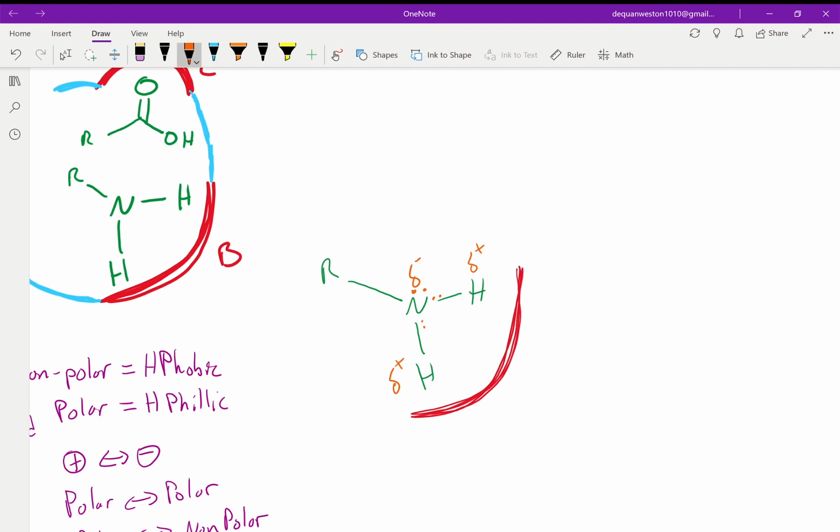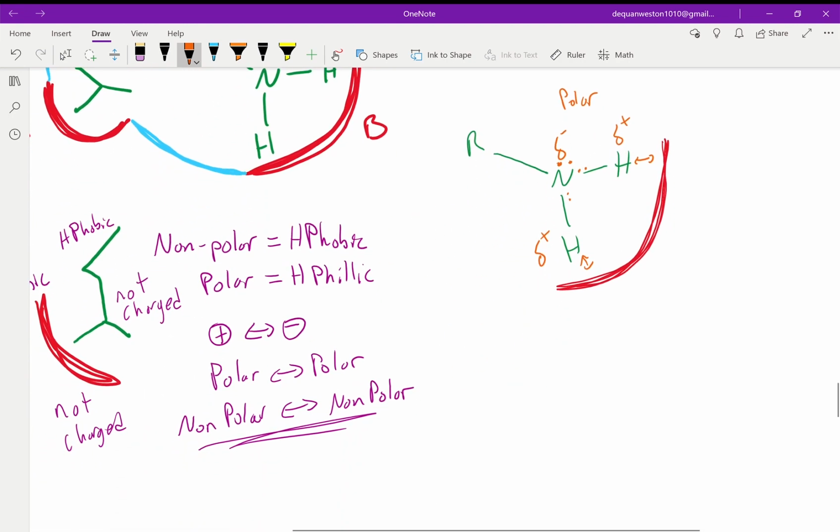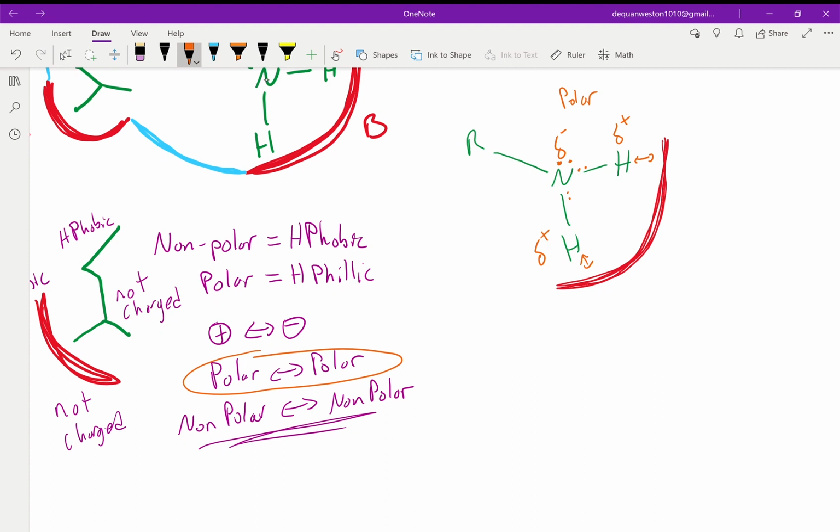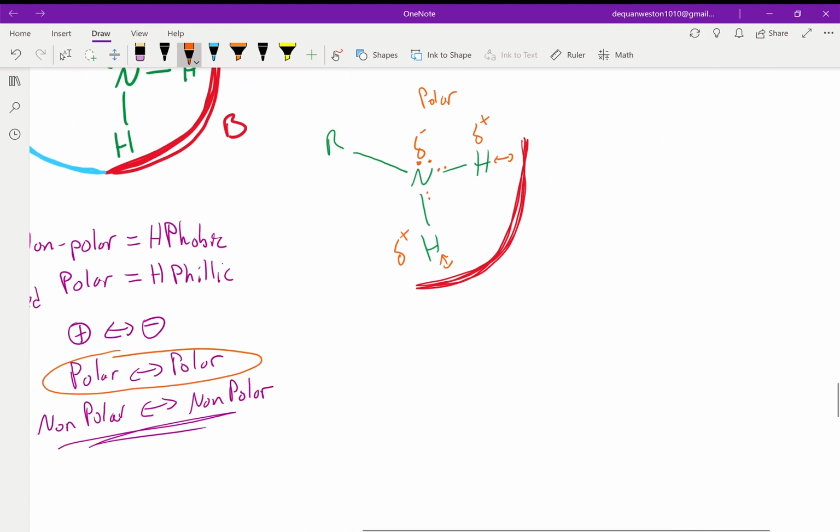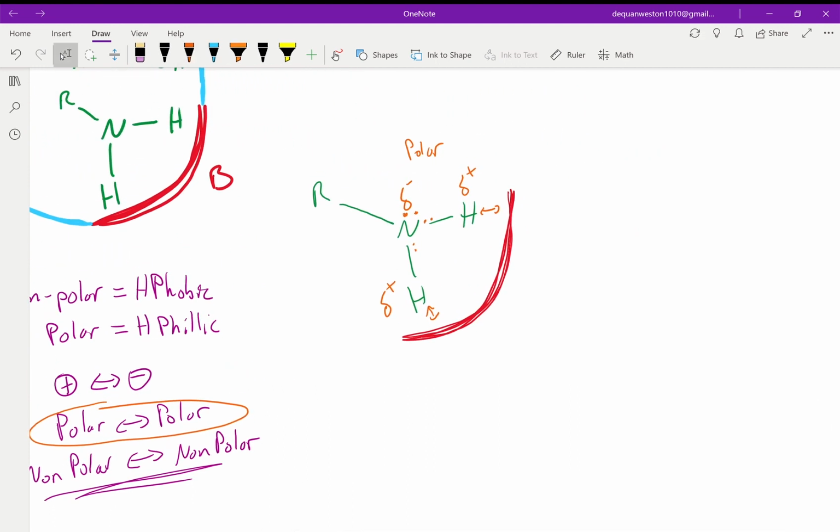So we have partial positive hydrogens somehow attracted to this active site. Now remember, this is polar, and over here we said polar is going to be attracted to polar. So now we know this active site is polar.